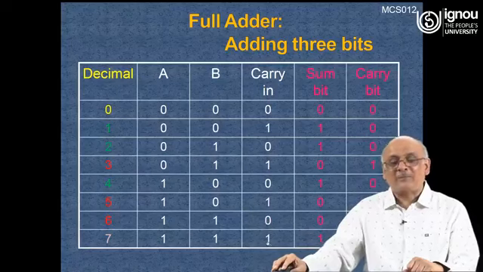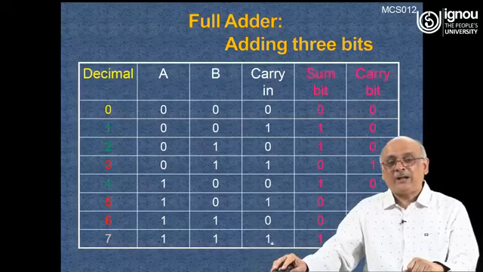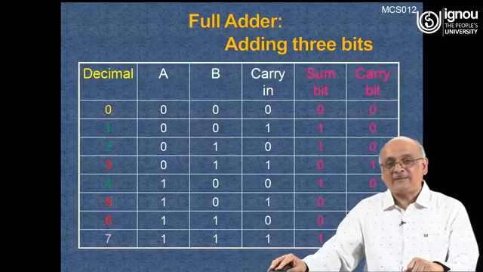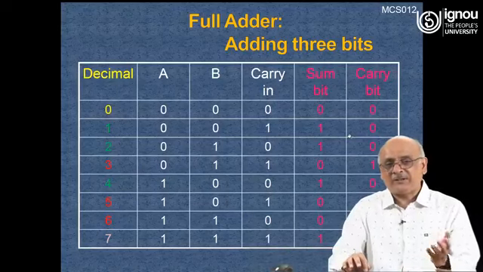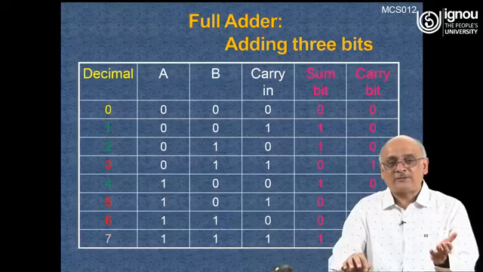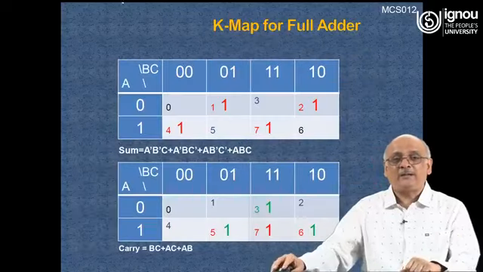Look at this 7th combination, where 3 bits are added: 3 ones are being added. So what do we get? 3, which is 1 and 1, so the carry bit is going to be 1 and the sum is 1. This is the only case where we get 1 in both sum and carry. Now the next step: in the previous case we did not draw the K-map because it was too simple. In this case we draw the K-map.